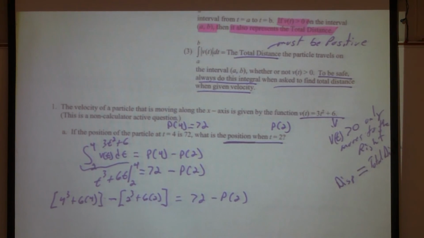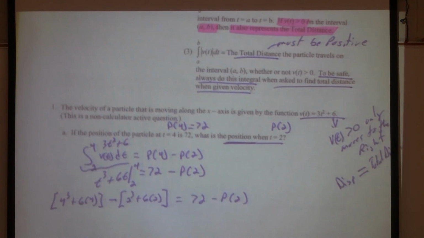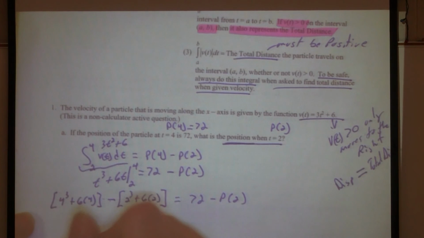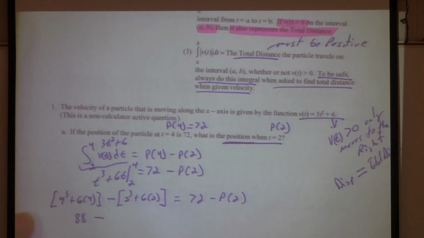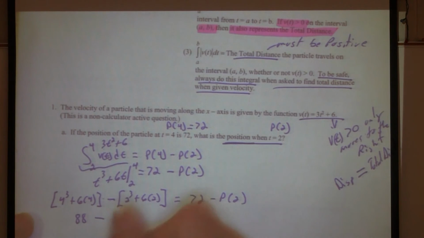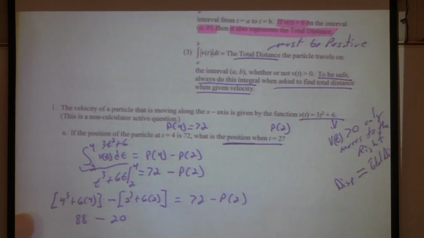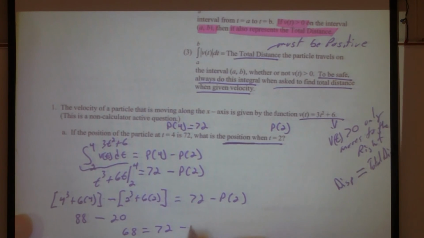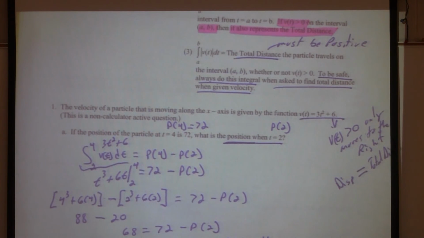So 4 to the third, 64 plus 24, 88. 2 to the third, that's 8, plus 12, 20. 88 take away 20, 68 equals 72 minus P of 2. So 72 take away what gives you 68? 4. P of 2 is 4.